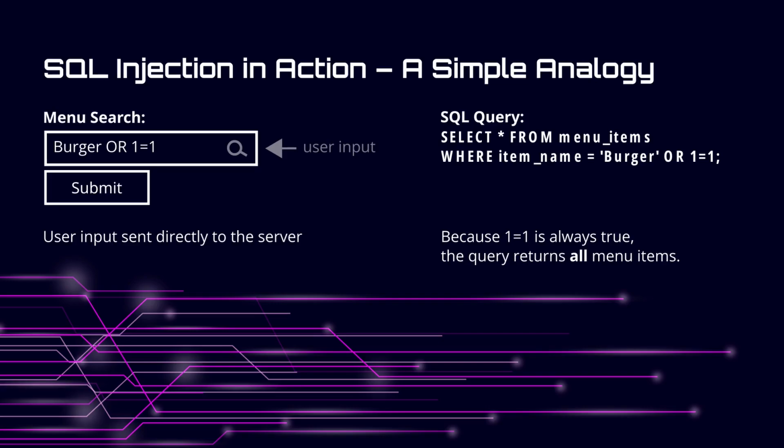Behind the scenes, the query becomes: select star from menu items where item name equals burger or 1 equals 1; The problem, 1 equals 1 is always true. So instead of just returning items named burger, the database returns everything on the menu. This is a simple example of how attackers use logic to trick your application into revealing more than it should.